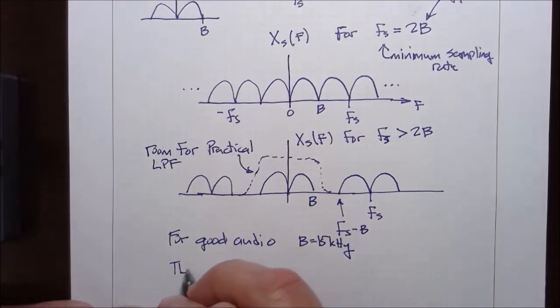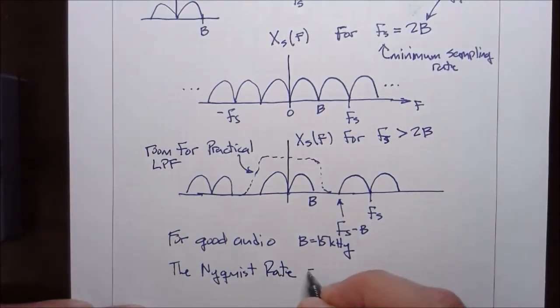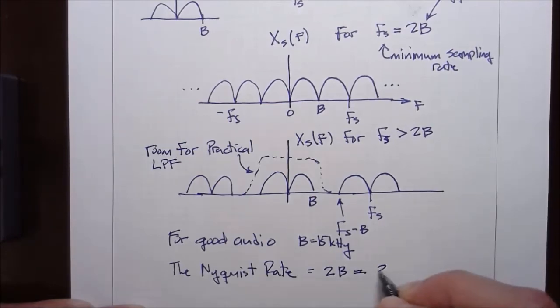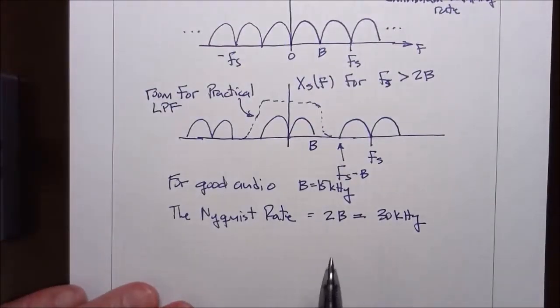So the Nyquist rate is going to be equal to two times the bandwidth, so that's going to be equal to 30 kilohertz. So for good audio, CD quality audio or better, the Nyquist rate, the sampling rate, has to be 30,000 samples per second.